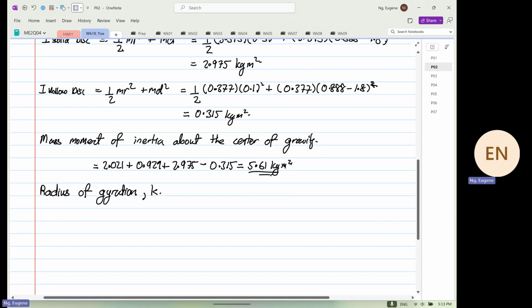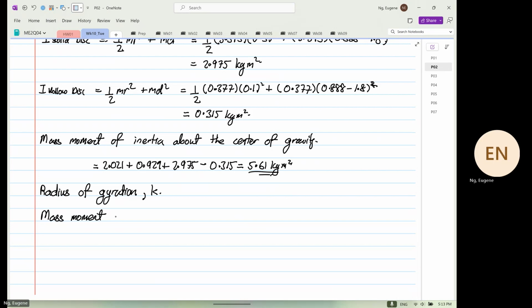So the mass moment of inertia can also be calculated or determined by I is equal to mk squared.